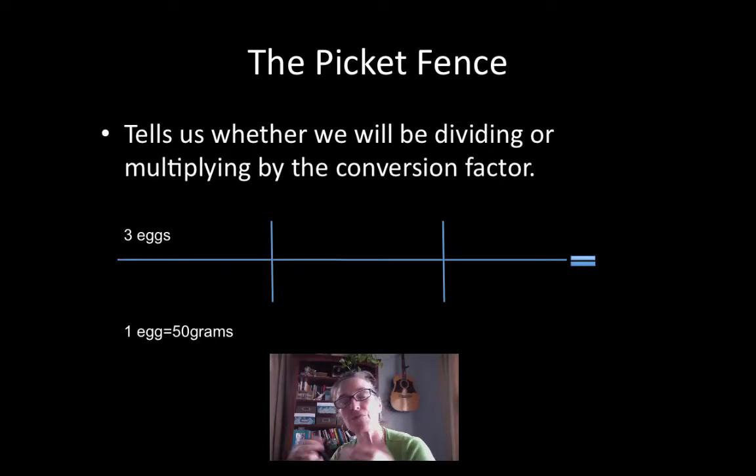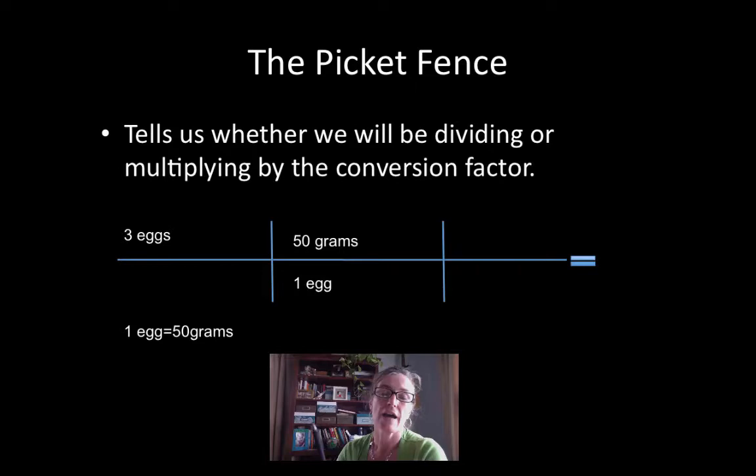So for example, if I start out with 3 eggs and I want to convert them to grams, I have an equivalence of 1 egg is equal to 50 grams. I analyze my dimensions, and I'm going to place the ratio into my picket fence so that eggs will be in the denominator and the numerator, and I will be able to reduce them to 1, leaving me with just grams.